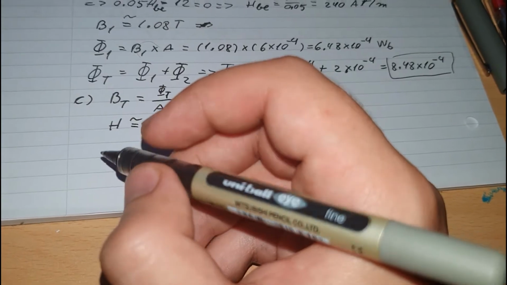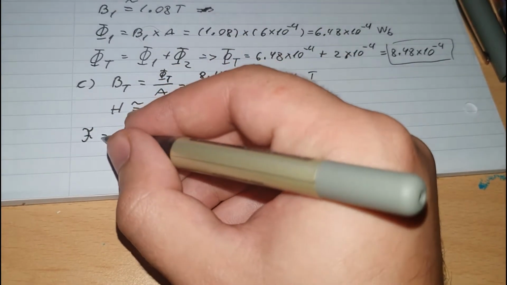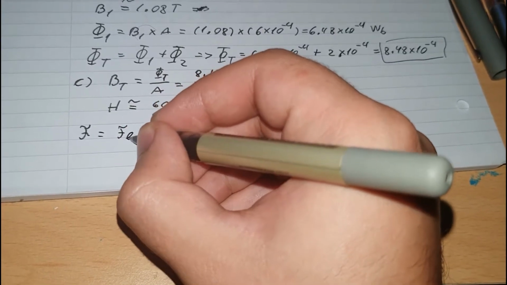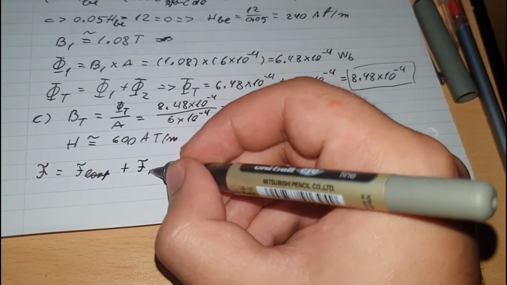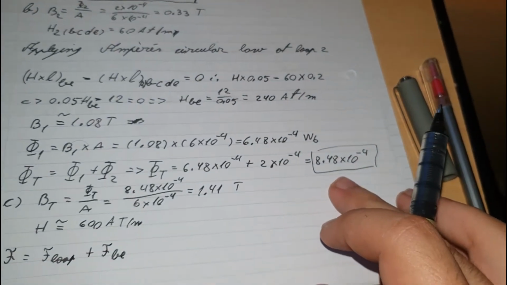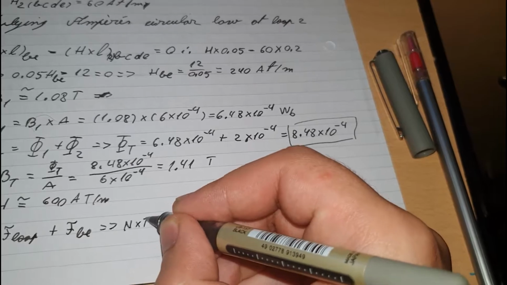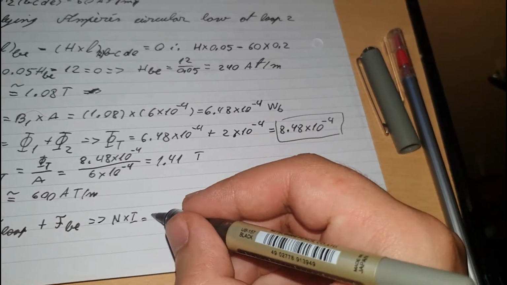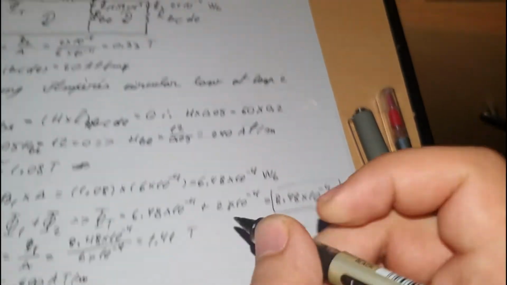So let's keep going then. So this MMF is equal to MMF in loop 1, which is this one here, plus the MMF inside BE, which is this one here. Therefore, number of turns multiplied by the current will be equal with 600 times the length, which is 0.2, as we know here.